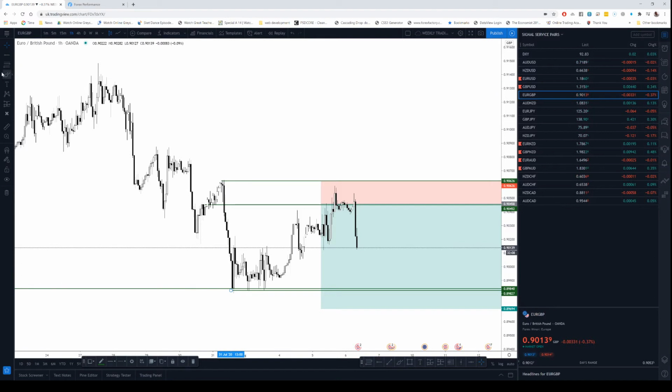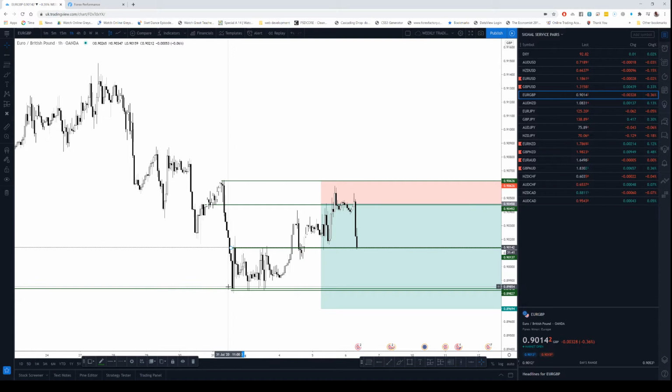Remember what I explained earlier, you want the market to close above the swing high. So in here, right there, that's when the market structure on the 1-hour became what? Bullish. So on the 1-hour, we are bullish. On the 4-hour, we are bearish.